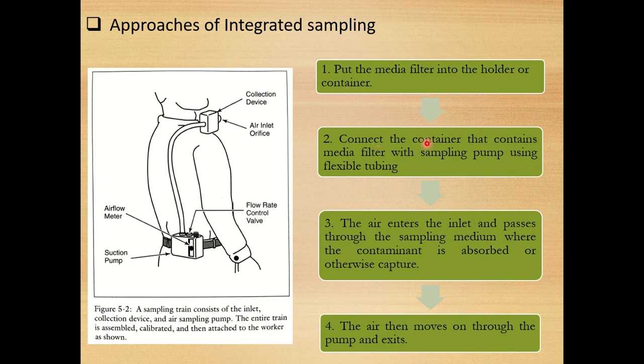Then we connect the container that contains the media filter with the sampling pump using the flexible tubing. The air enters the inlet and passes through the sampling medium where the contaminant is absorbed or otherwise captured, and then the air moves on through the pump and exits. So here we capture our contaminant in this container or holder, inside which we have the media filter.